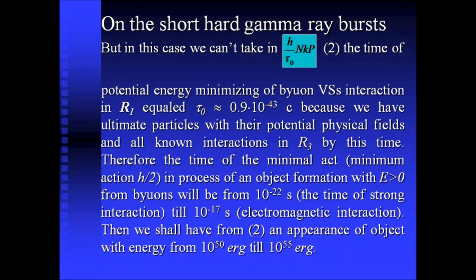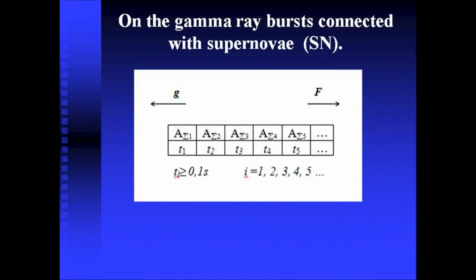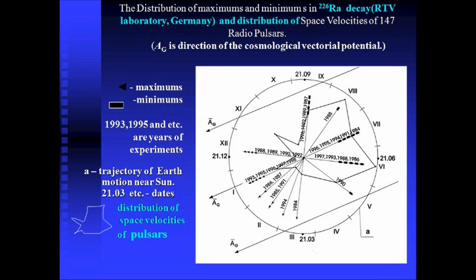We show those conditions of gamma ray bursts connected with supernova. It is shown the connection of the new force direction vector Ag and the anisotropy of alpha decay in experiment with radium decay in Germany.